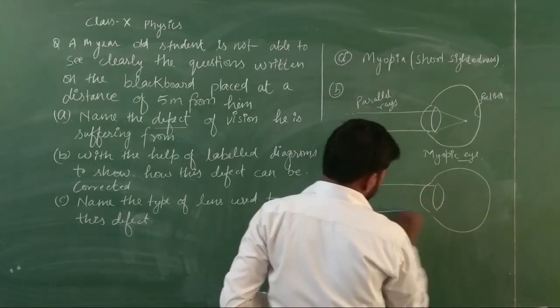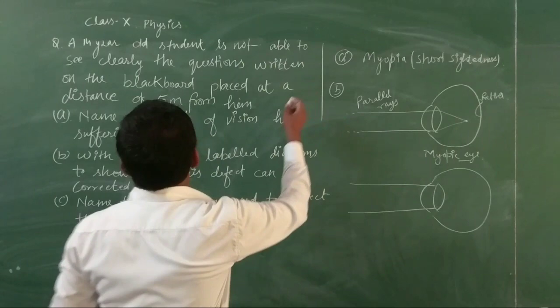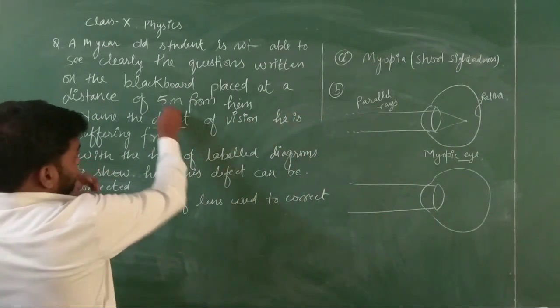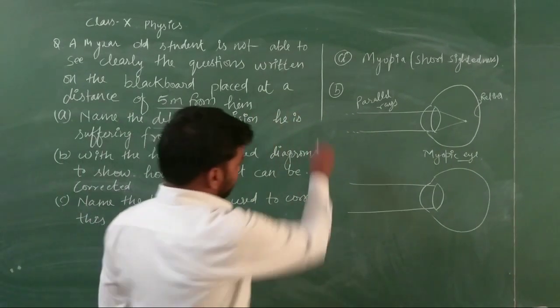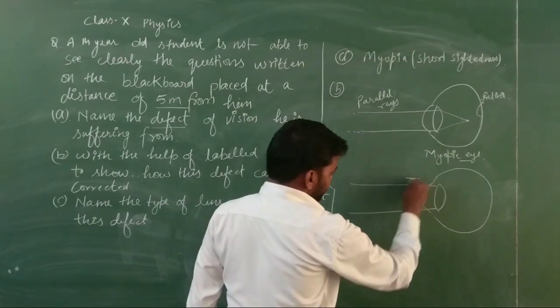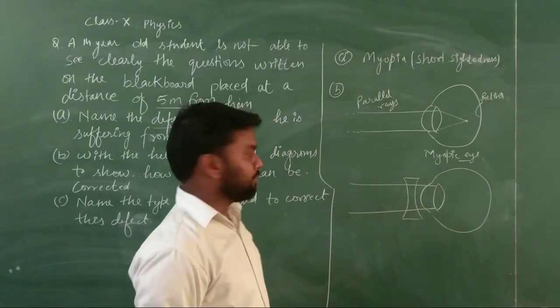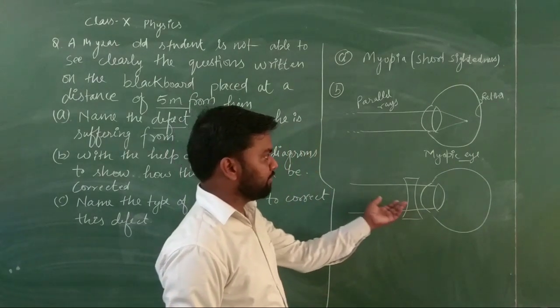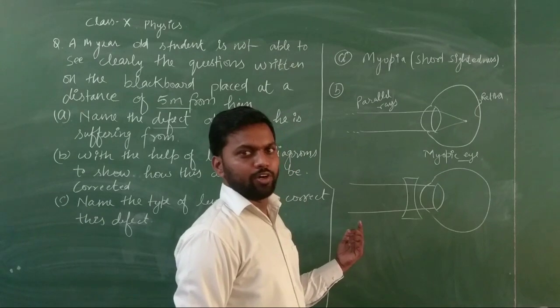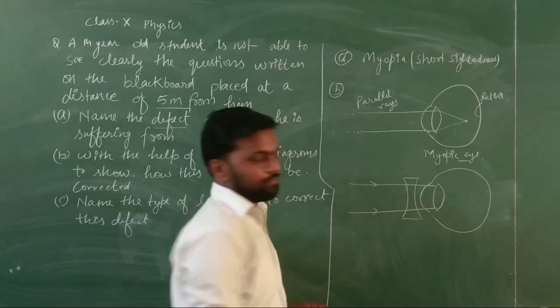These are the rays which are coming from the object which is placed at 5 meters away. Suppose it is given here. So we will use a concave lens. The property of a concave lens is to make the image on the left side. These rays are coming from an object placed far away.